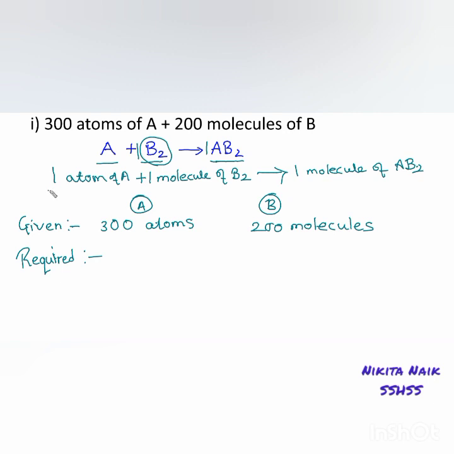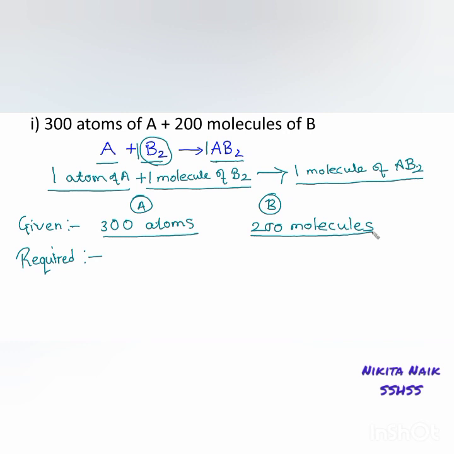So one atom of A reacts with one molecule of B2 to give one molecule of AB2. Now, in the question, what is given to us here? 300 atoms of A and 200 molecules of B.